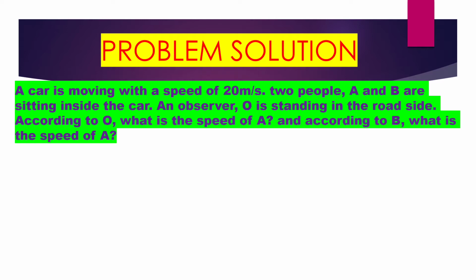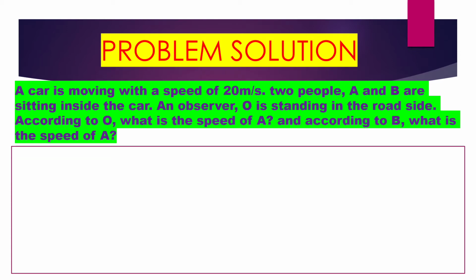To solve these types of problems, you have to notice at first where is the observer situated. Then you have to judge his reference point and find the speed of the person who was in the observer's frame. So it is given that the speed of the car is 20 meters per second.